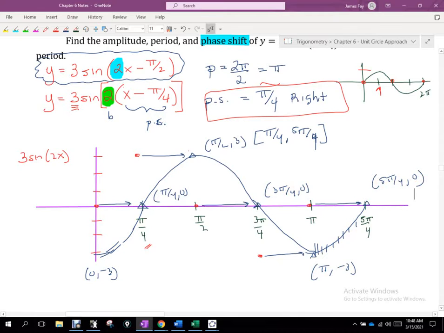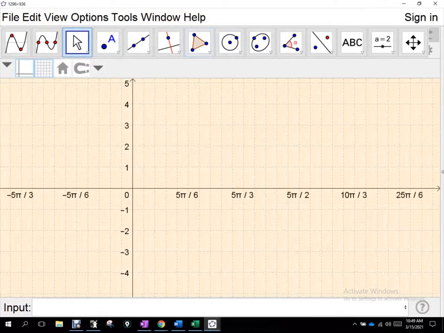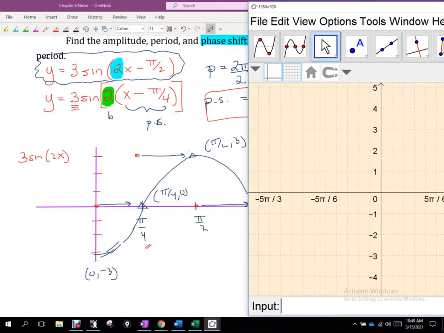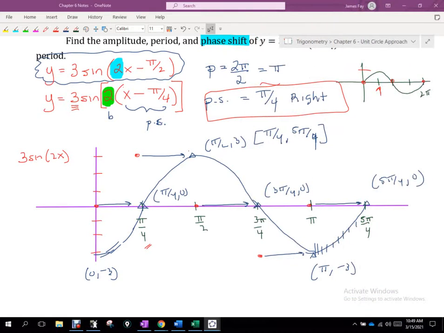I'm going to see if I can type those into GeoGebra here. (0, -3), (pi over 4, 0), (pi over 2, 3), (3 pi over 4, 0), (pi, -3), and (5 pi over 4, 0).